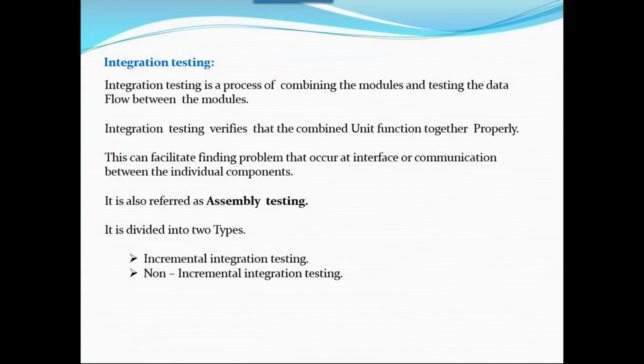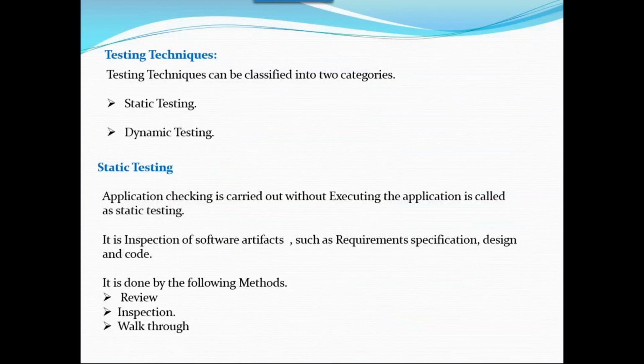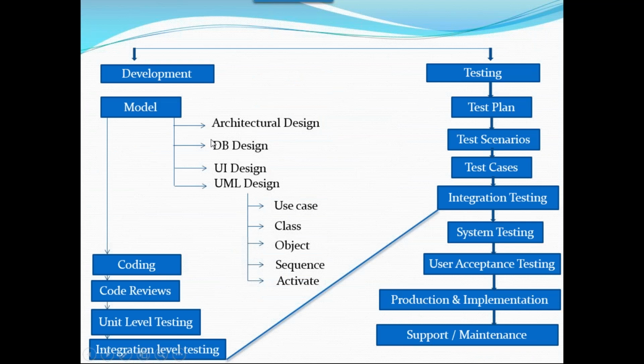I told you the basic thing of QA, what the developer will do and what the tester will do. The developer starts writing the code based on the designs, like architectural, DB and UI. Once the coding is done, the developer goes with code review.